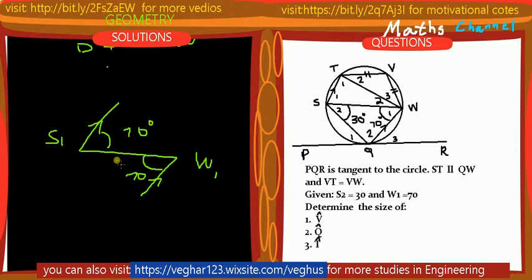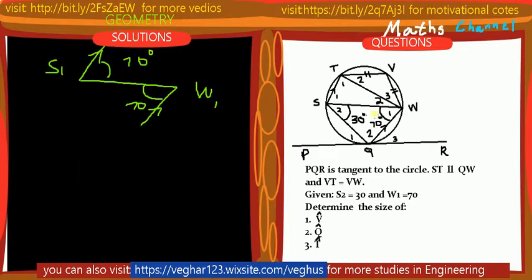If you know the alternating angle, you have to know this in order to solve this theorem. So we can say angle S1 equals W1 equals 70, reason: alternating angles.